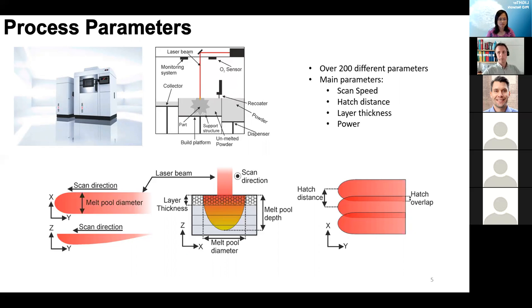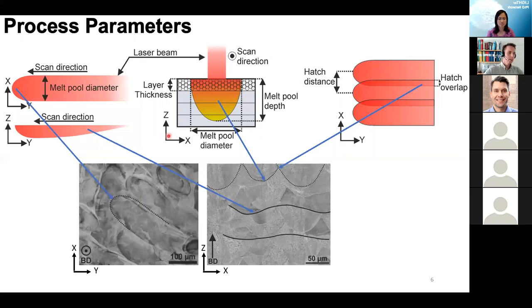And depending on which cross section we are using, it will appear differently. So if we take a light optical microscope image, we can see here that each of these features can be observed in the microstructure.